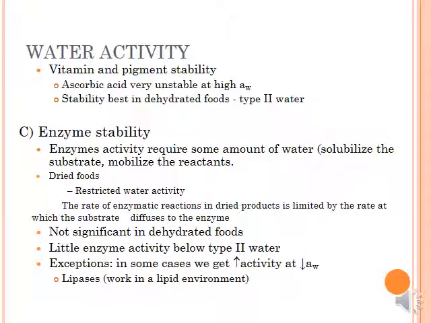The next one is vitamin and pigment stability. Ascorbic acid or vitamin C is very unstable at high water activity because it is easily oxidized. So the stability of vitamin and also pigment is best in low water activity food, type 2 and below.